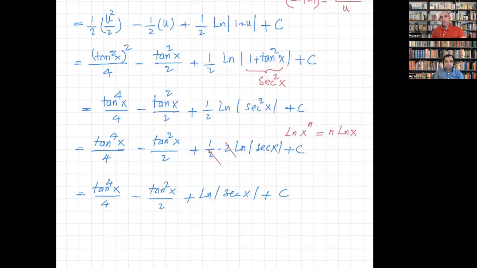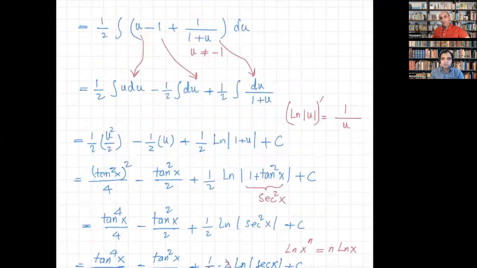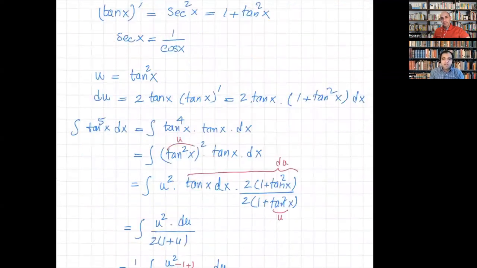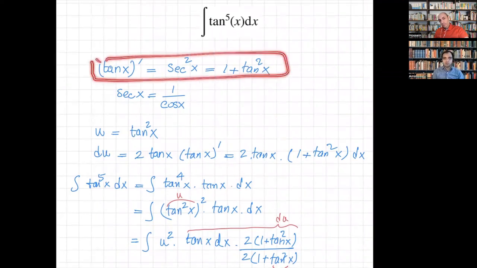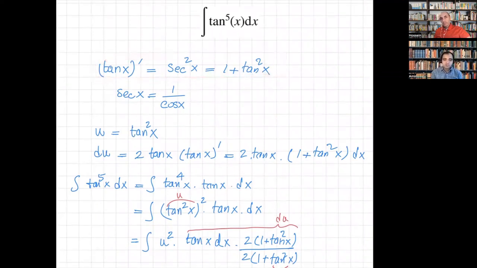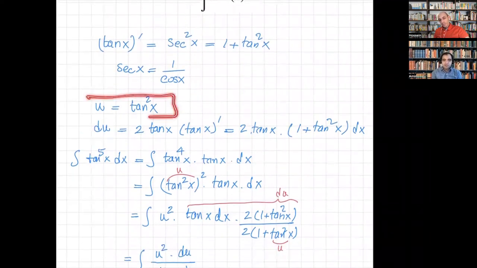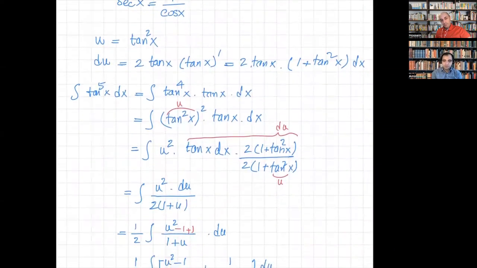Thank you, Wilson, very much. Please scroll up to just summarize what you did. You used the trigonometric identity that secant squared is equal to 1 plus tangent squared of x, and then you used the change of variables technique and started solving the integration problem.